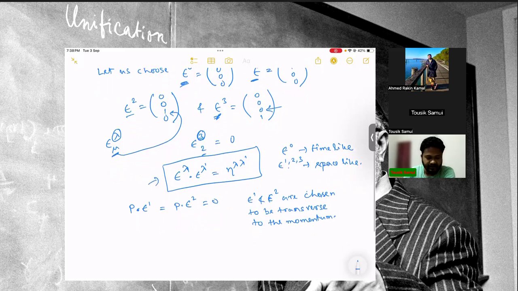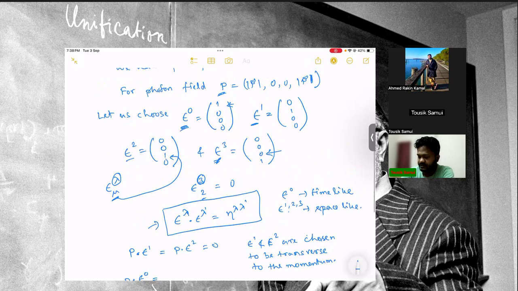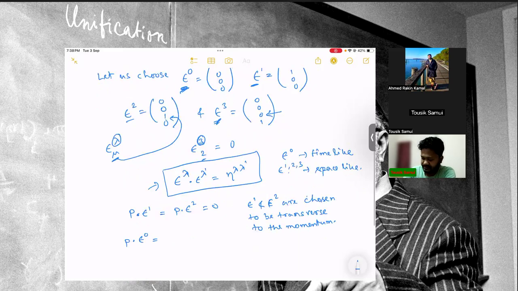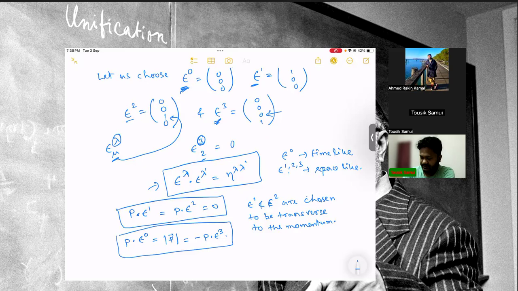And also with this choice, if we calculate P dotted with epsilon 0, it's nothing but mod P, and this is seen as minus P dot epsilon 3. So P dot epsilon 0 and P dot epsilon 3 are related by a negative sign. These are the two important conditions that we'll be using later also.